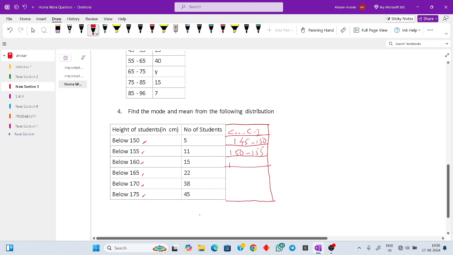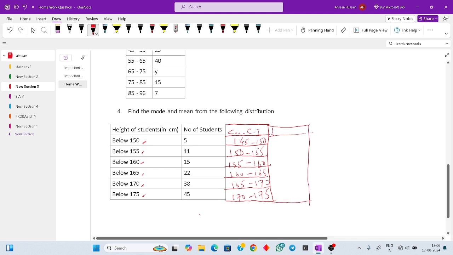Then similarly it will be 155 to 160, then 160 to 165, then 165 to 170 and 170 to 175. And also, this is not frequency. This is basically the cumulative frequency. So we have to convert this also.